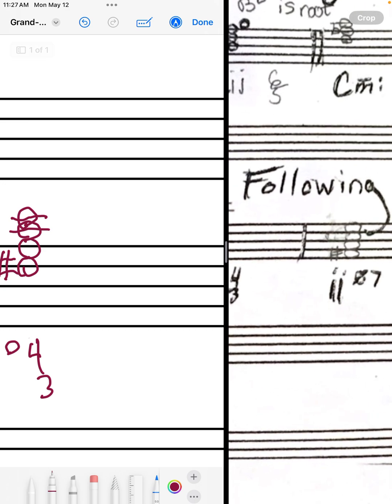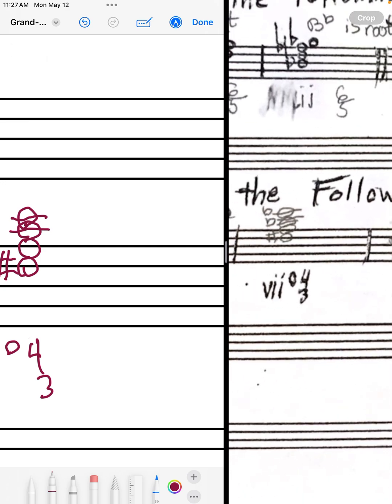Now for the 4-3, I have to tag somebody up. So that will have to bring up to the 7th. I'm just going to use it down here. That's that one.